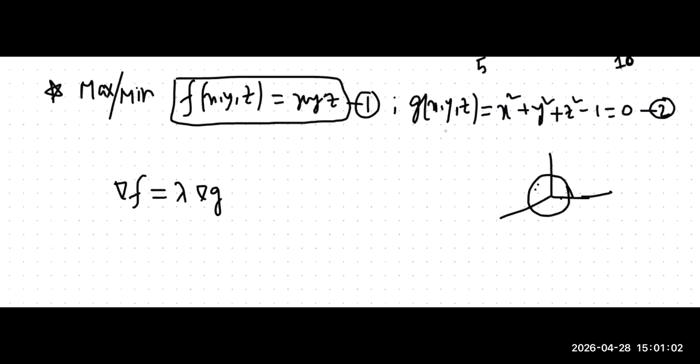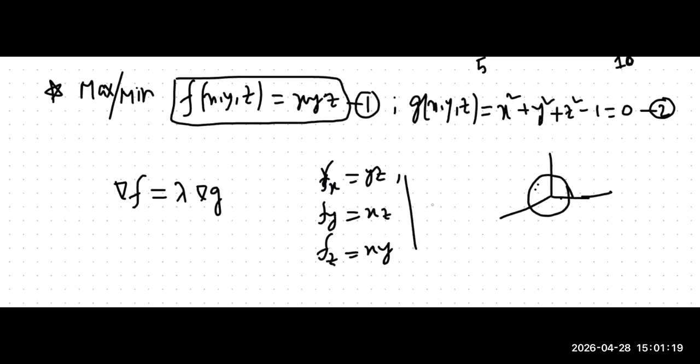So gradient of f, which is in this case, fx is yz, fy is xz, and fz is xy. And g, partial derivative of g with respect to x is twice x. Partial derivative of g with respect to y is twice y. Partial derivative of g with respect to z is twice z.